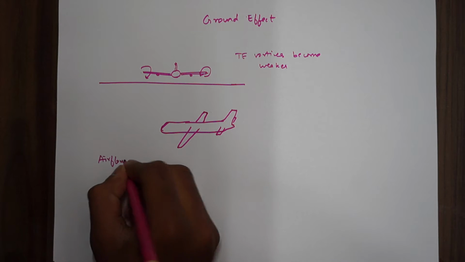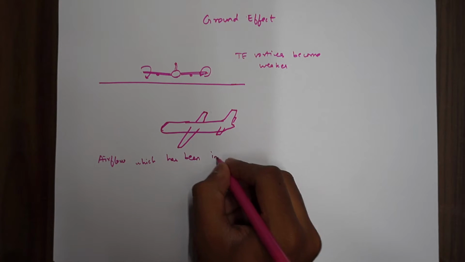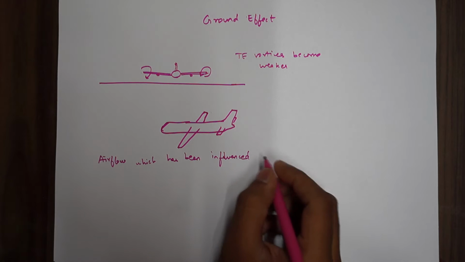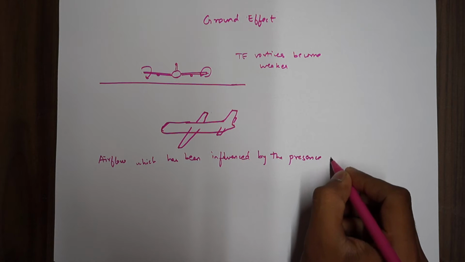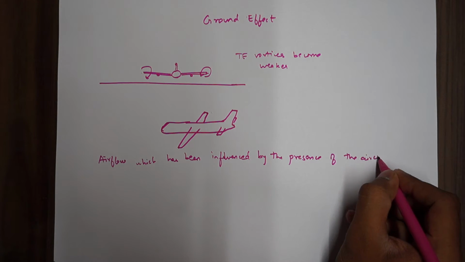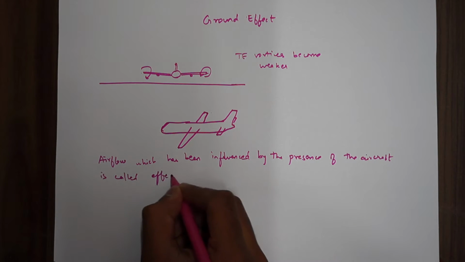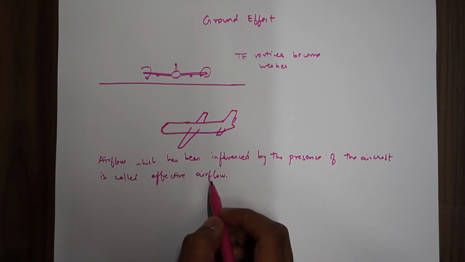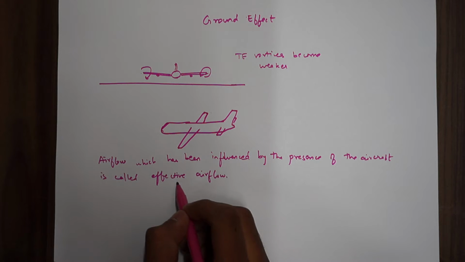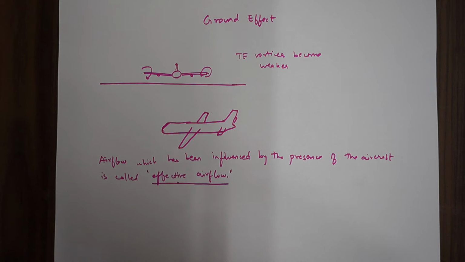Airflow which has been influenced by the presence of the aircraft is called effective airflow. The angle between the chord line and this effective airflow is your effective angle of attack, and it is incident to your tail plane. We'll be discussing this in just a moment.